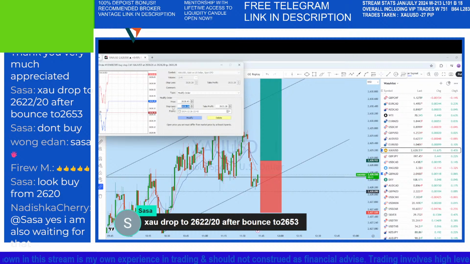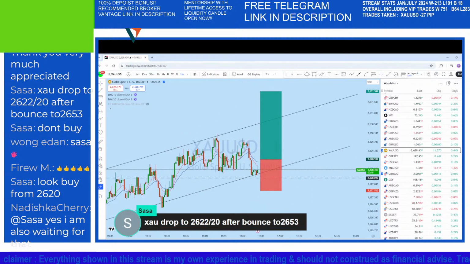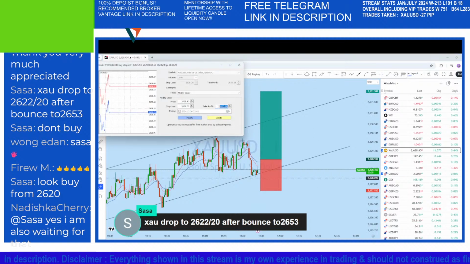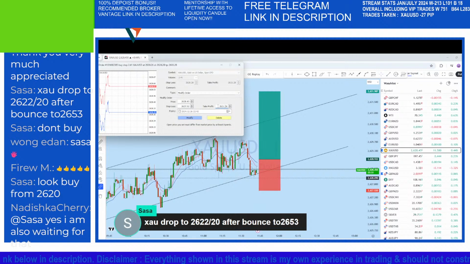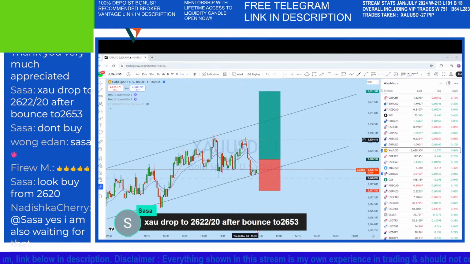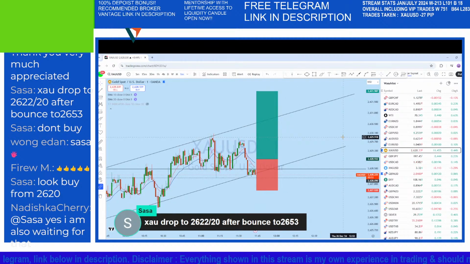Stop at 2627.52, tighten the stop loss, and the TP target will be 2631.987. So new entry, modified.